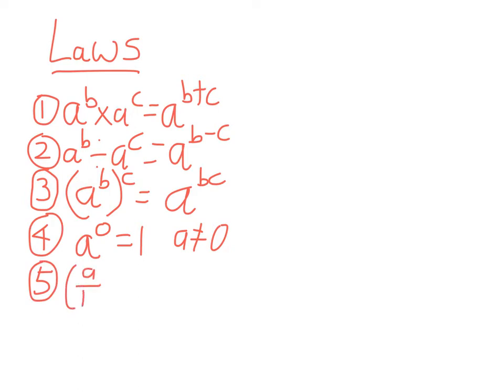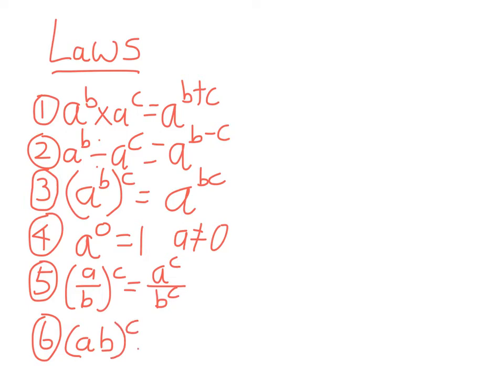When you raise a fraction to a power, you simply raise the numerator, the top, to that power, and raise the bottom to that power, written without brackets. The last one involves products. If you have a product, a times b, and raise it to a power, then you just raise the first thing in the product to the power and the second thing in the product to that power. Feel free to pause and copy down these index laws.